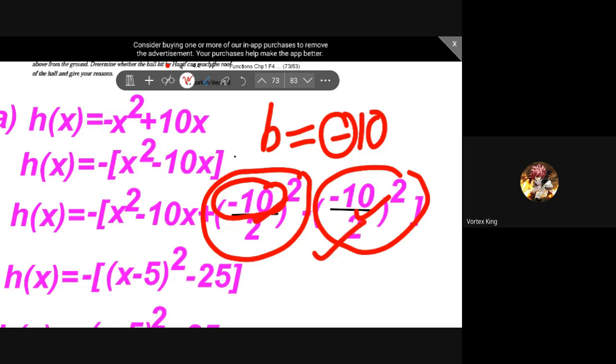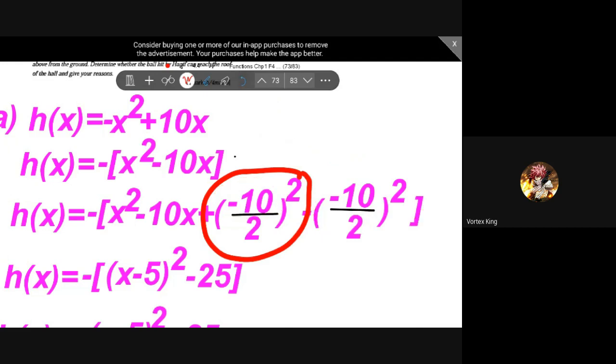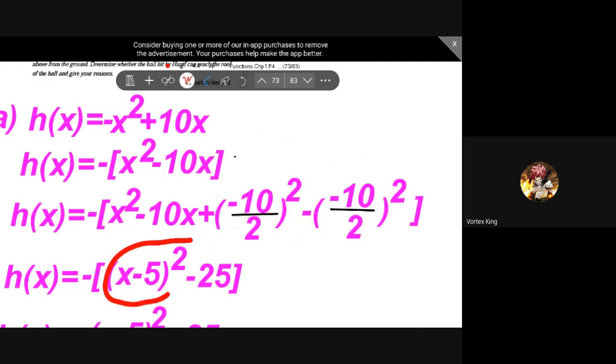Ini step yang ketiga. Boleh faham sampai sini? Step yang ketiga? Okay, boleh ya. Okay, good. So, next. Step yang keempat. Okay, kat sini. Macam mana saya dapat kat sini ialah, X, negatif 10 per 2 dapat negatif 5 kan?